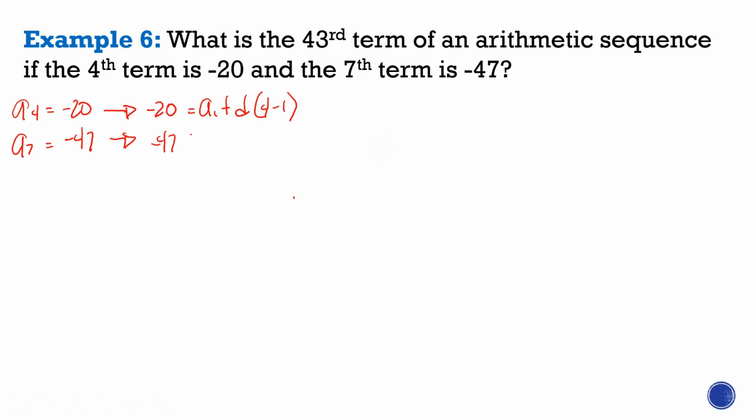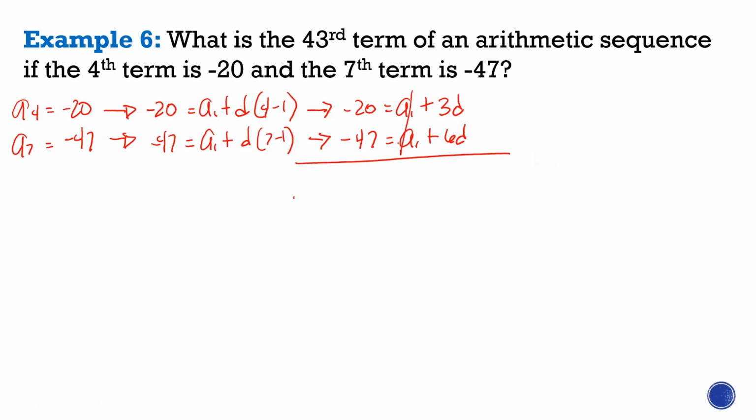And negative 47 equals A1 plus D times 7 minus 1. Next, simplify both. Negative 20 equals A1 plus 3D. And then negative 47 equals A1 plus 6D.